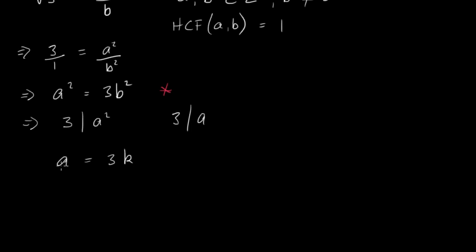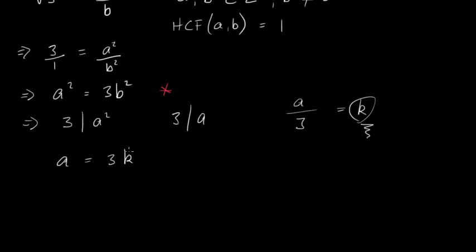If we divide a by 3, we're going to get some number. We're going to call it k here in this case, and k is going to be another integer. So we know that 3 divides into a, so a divided by 3 will give us some number, and we'll call it k. In other words, a is equal to 3 times k. a is some multiple of 3.